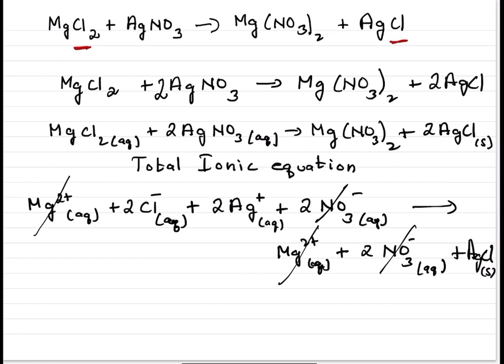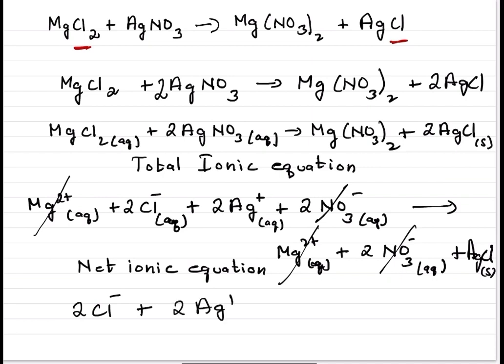Now the final step is the net ionic equation. So let's write that down. It will be 2Cl minus plus 2Ag plus, and then we have 2AgCl.